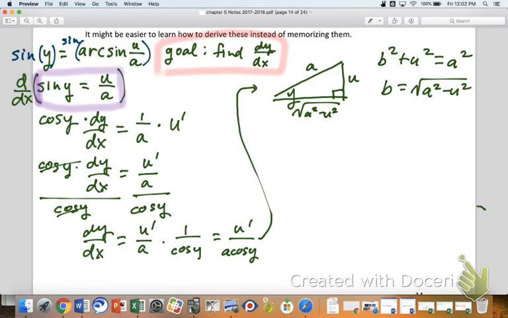So now we can actually do the cosine of y. So here we go. I end up with dy/dx equals u prime over a times, now I'm going to do adjacent over hypotenuse. And you can see it all coming together, and now the last piece of the puzzle fits in. The a's cancel out, don't they?